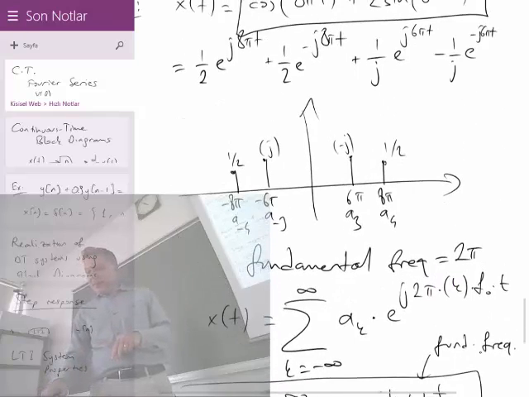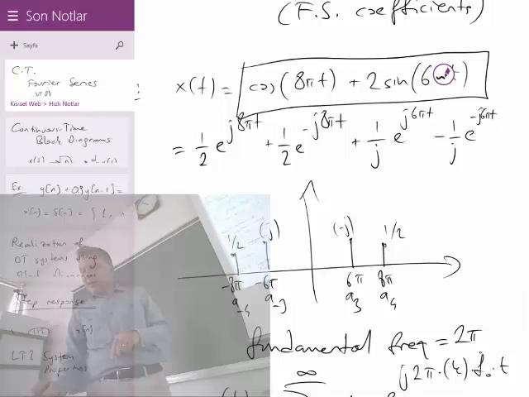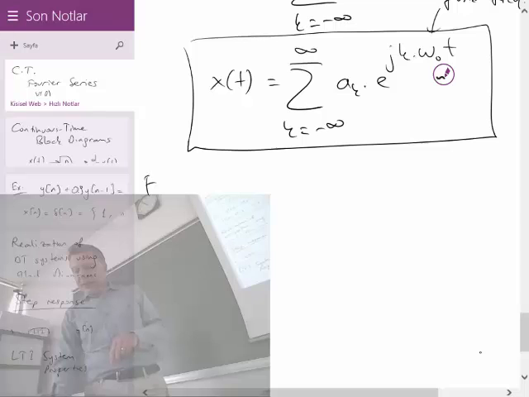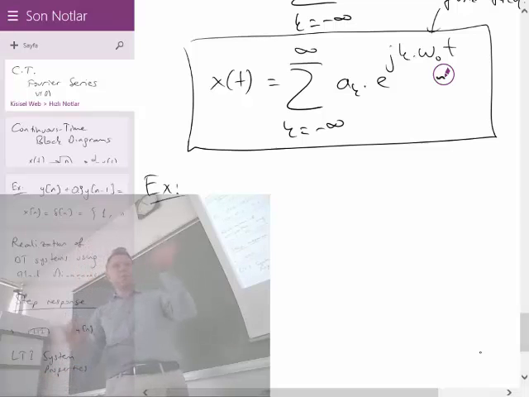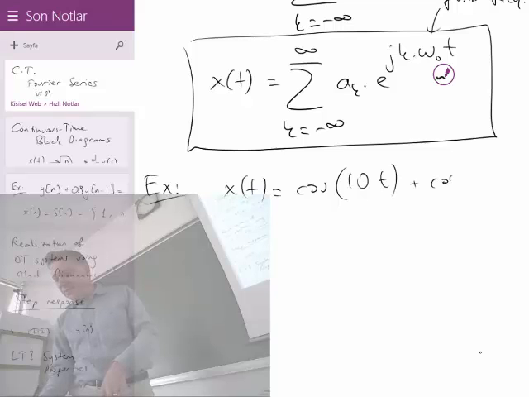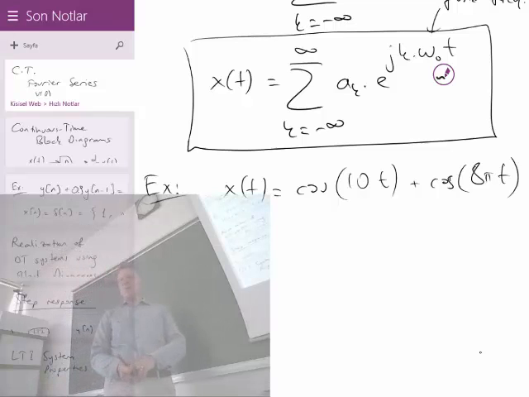By the way, let me ask you something, and I will ask you to find the Fourier series coefficients, sort of. Cosine 10t plus cosine 8 pi t. What are the Fourier series coefficients? And when I ask this, I would expect this answer from you.